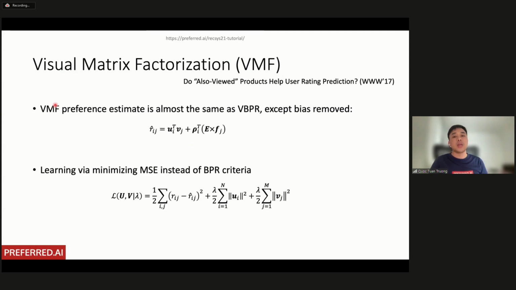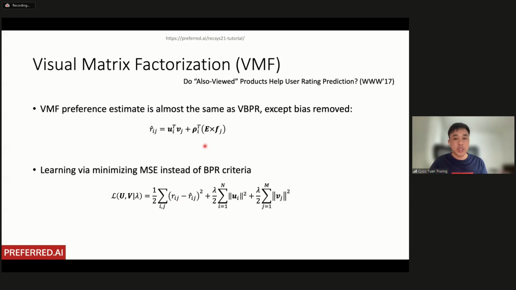One of the next models that I want to talk about is called the visual metric factorization. The difference between this model and the VBPR is how the objective is defined. The VBPR leverages the BPR building block, whereas the VMF, the visual metric factorization, makes use of the metric factorization block, the MF part, where we try to estimate the rating value instead of trying to preserve the ranking, compared to the BPR.